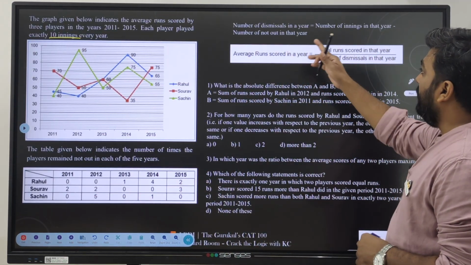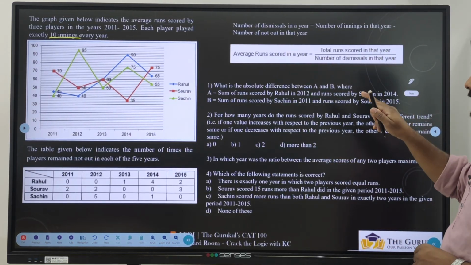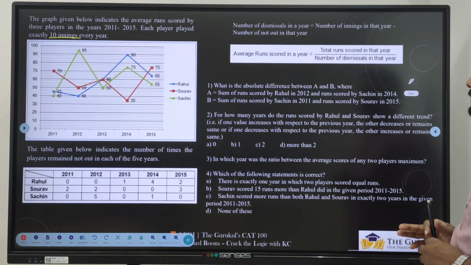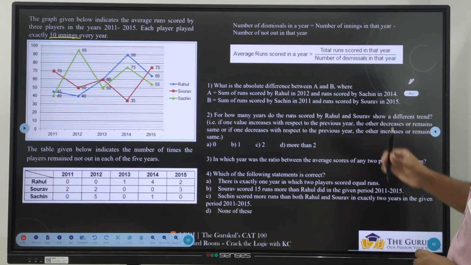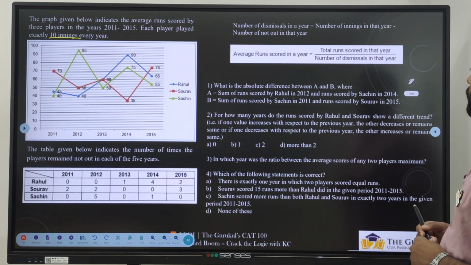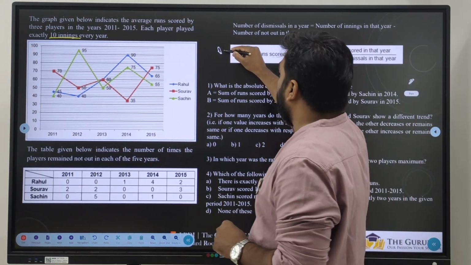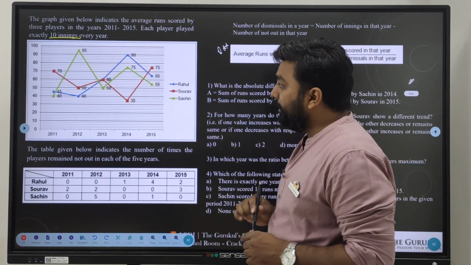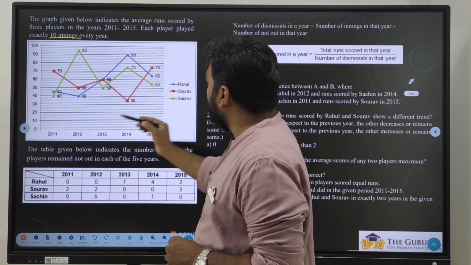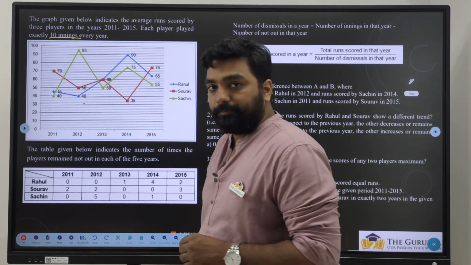Okay. Number of dismissals in the year is equal to number of innings in that year, which is 10, minus number of not outs in that year. Average runs scored is equal to total runs scored in that year by total number of dismissals in that year. This is a very important point, because for Rahul the score over here is 45.